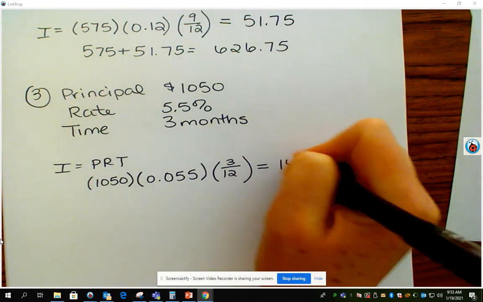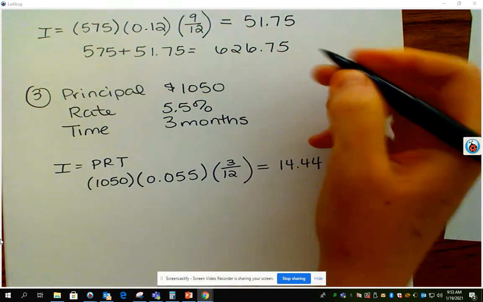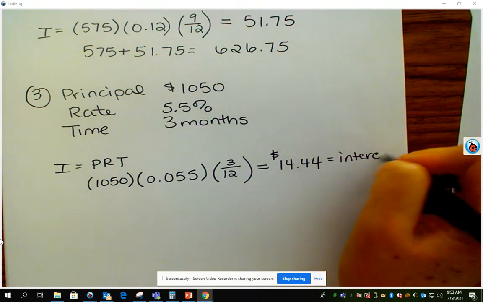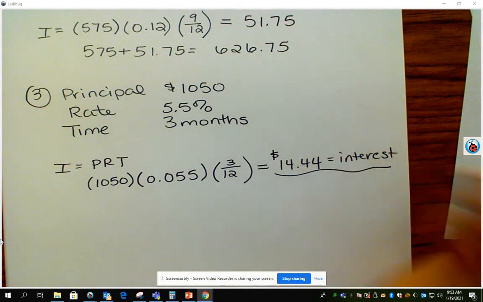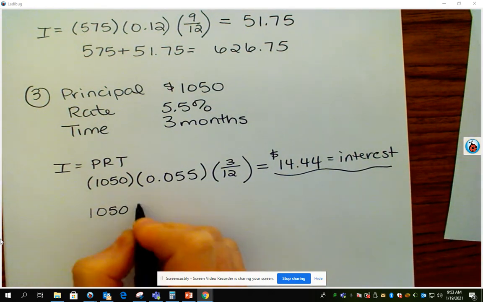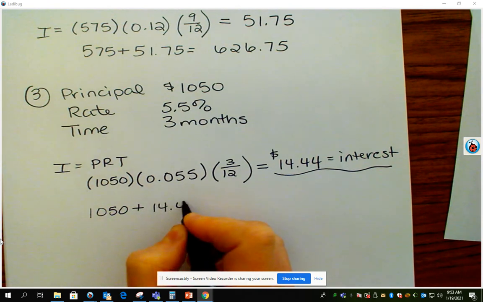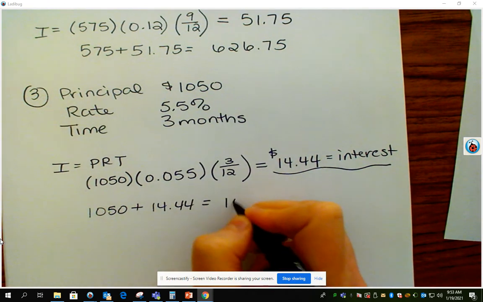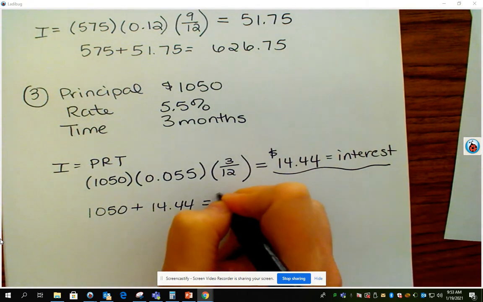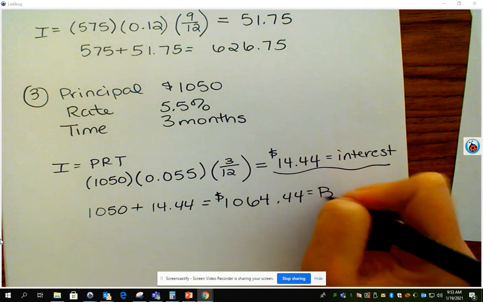You're going to get 14.44. That's our interest. Okay, and then our balance is the principal plus the interest. When we add those together, we're going to get $1,064.44. This is the balance.